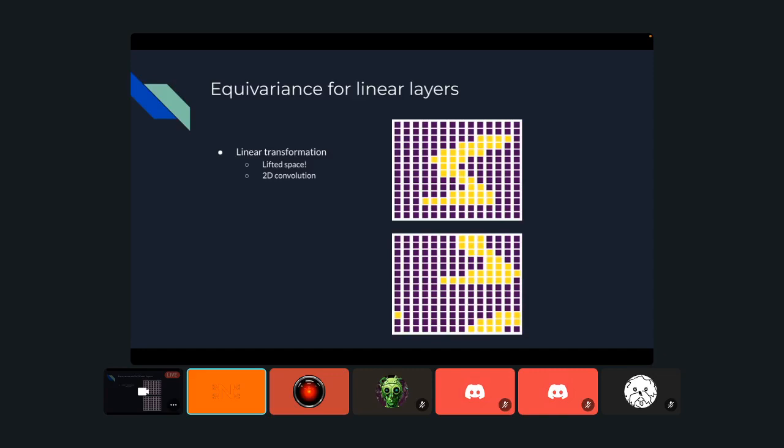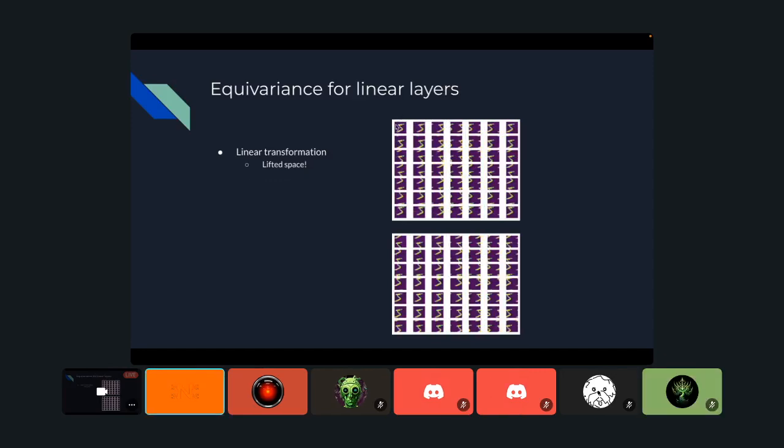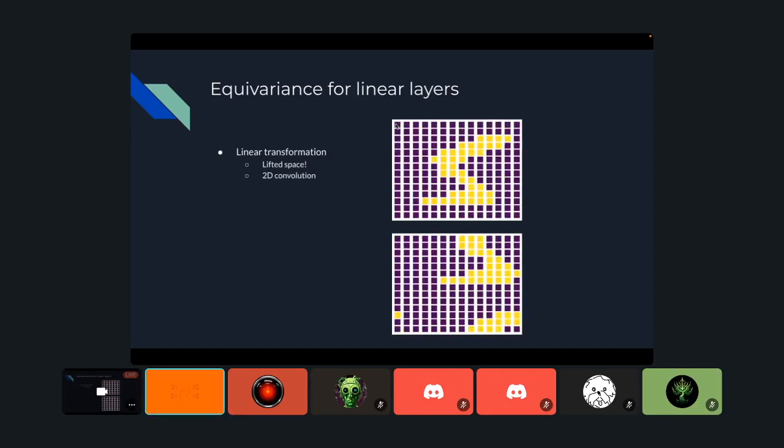We could apply mean pooling, but then all images will map to the same thing because they're just translated versions of each other, so they will have the same mean. So we want some kind of dependence on the group action. We can just take the top left corner of each image. And if we do that, we get something like this. So for each group action, we have a single pixel.